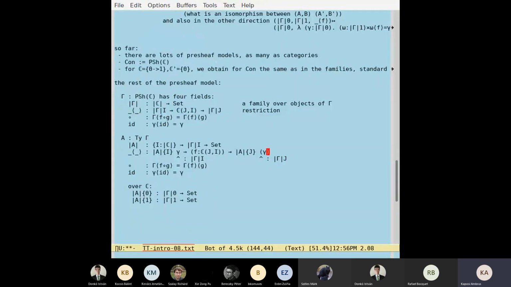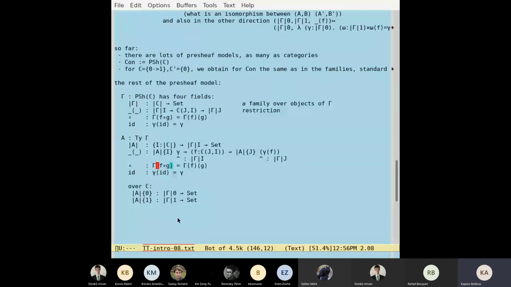So I just say, I start with gamma, which is gamma at I, and then I use this operation, which goes from gamma at I to gamma at J, and I restrict it to this. So you see that the A bar depends on the gamma bar. The A restriction depends on the gamma's restriction.